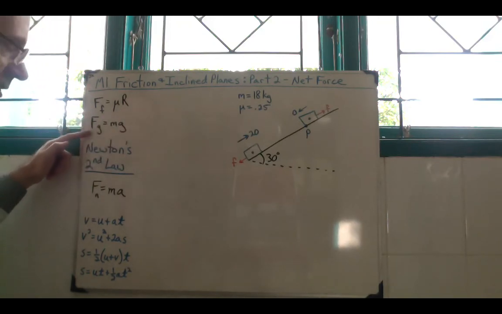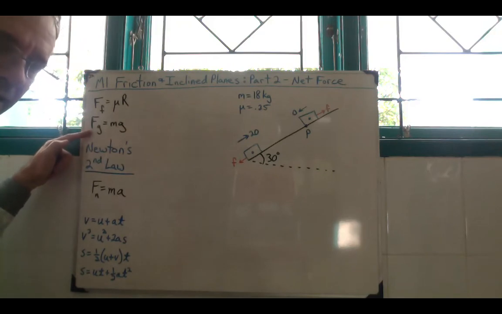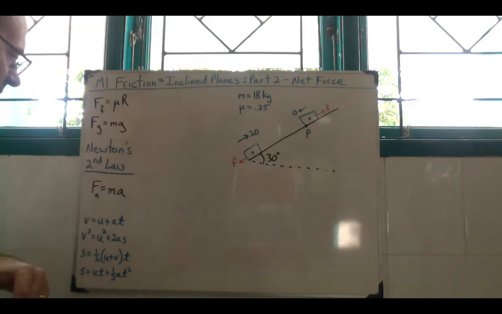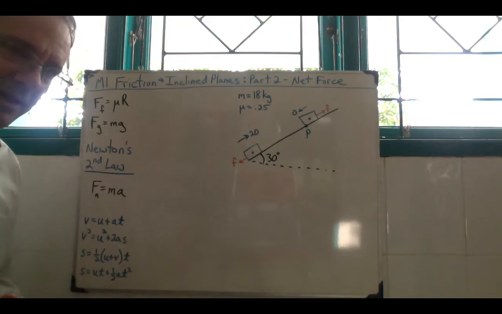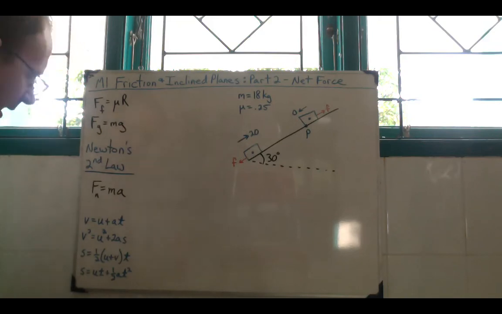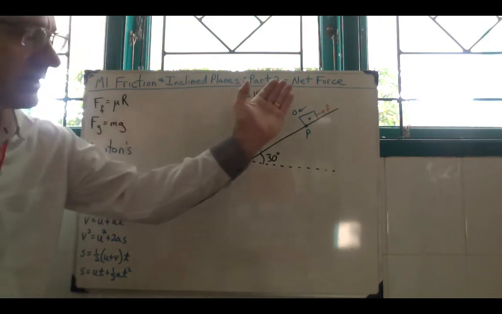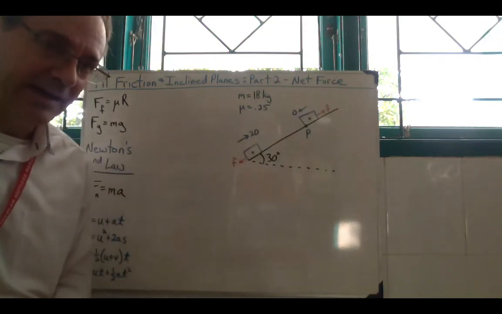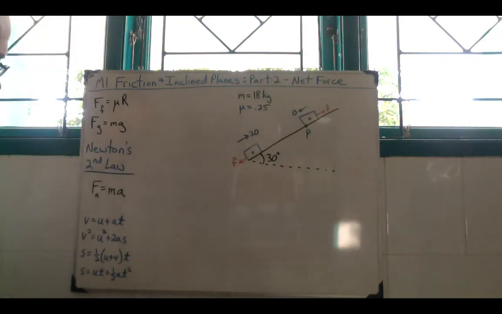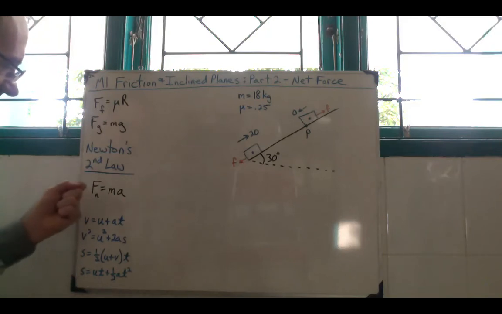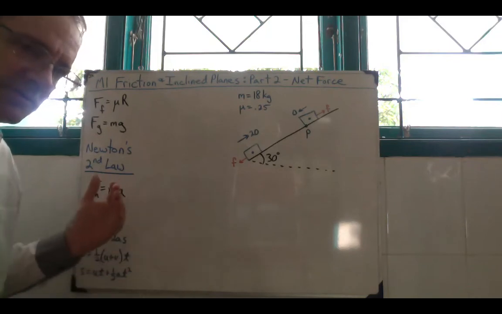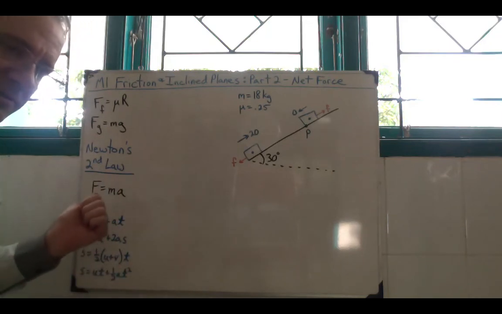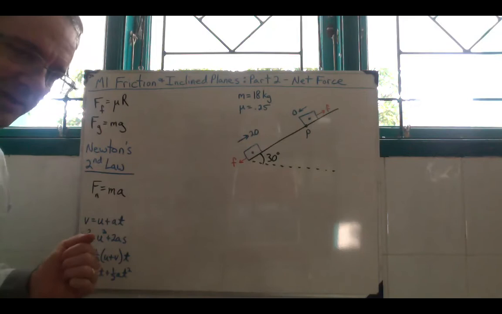We also looked very briefly at the force due to gravity, which is just mass times gravity, which leads us then to Newton's second law. And Newton's second law is what gives us this concept for a net force. And that is that force is equal to mass times acceleration.